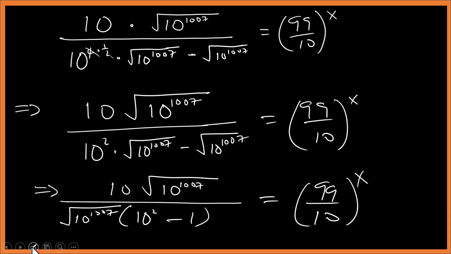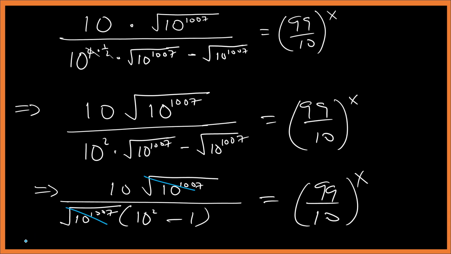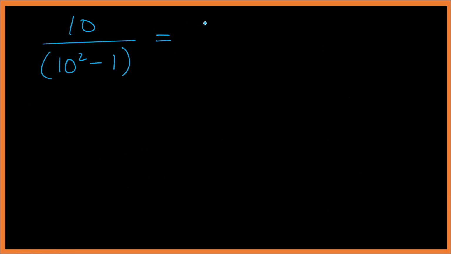All right. Now from here, this one will cancel this. I will leave 10 on 10 squared minus 1 equals 99 on 10 raised to x.